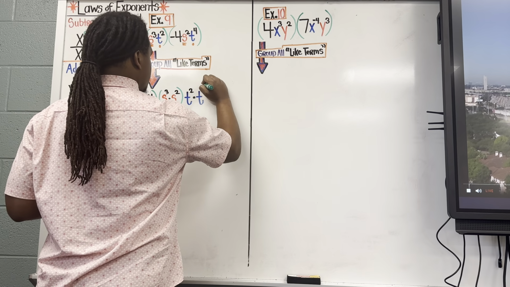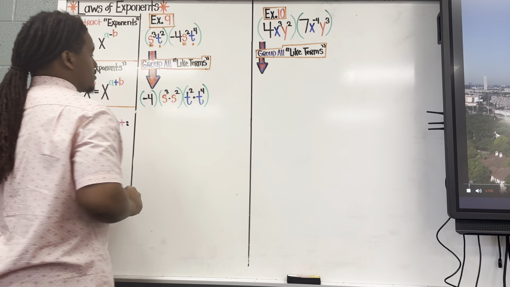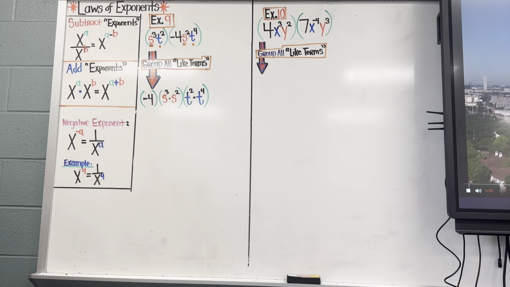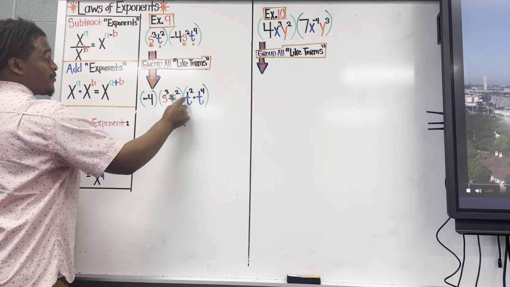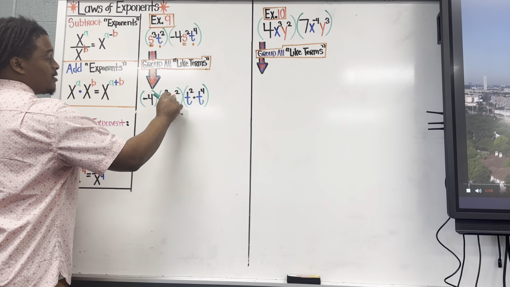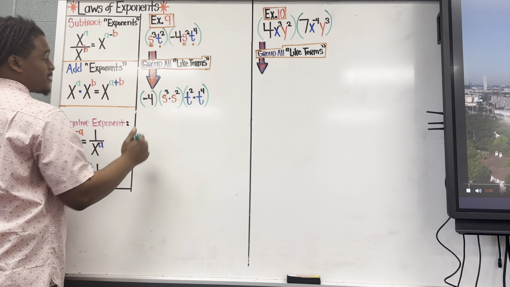All right, so now we have successfully grouped the like terms to where now we can easily solve this. Remember, as we are multiplying the variables, we have to add the exponents. Since we're multiplying these values, we have to add the exponents.